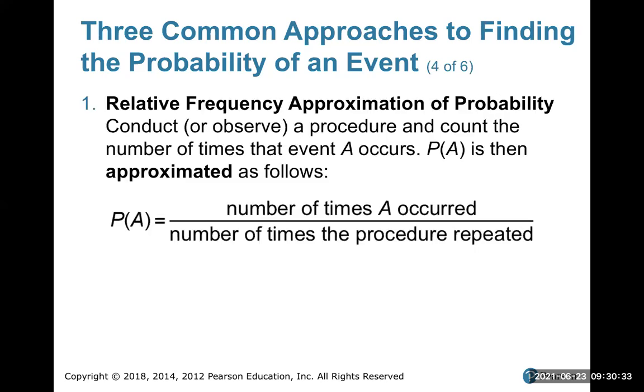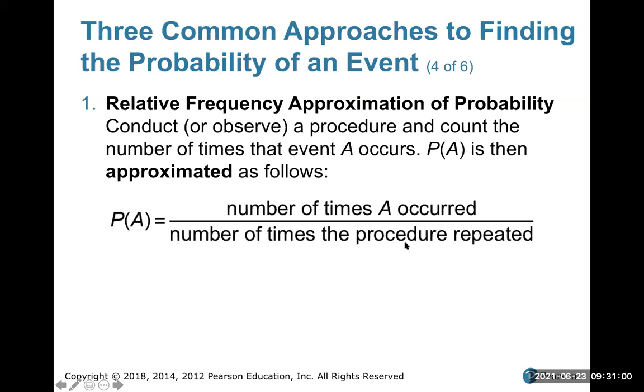Okay, relative frequency. Relative frequency is approximation of probability. Same thing as we said, probability of an event is number of times that that event is possible over the total number of possibilities.